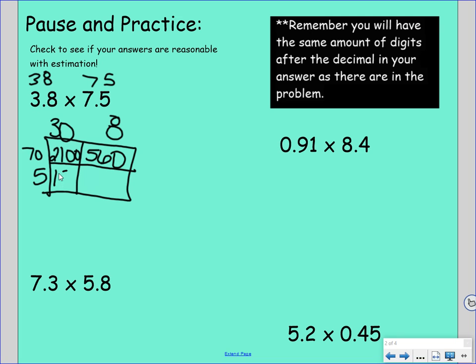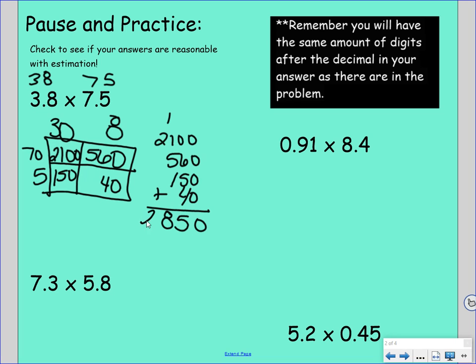Here is 15 with the 0, and here is 40. Now when I add all of these up, 2100, 560, 150, 40. I get a 0 here, a 15 here, 5, 6, 7, 8 here, and 2.